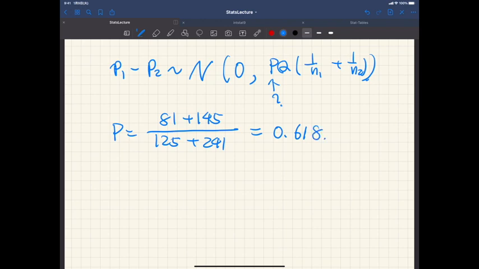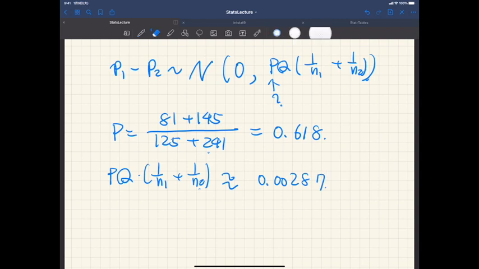If you use this value, then of course q is 1 minus p. So the variance, where n1 is 125 and n2 is 241, should be about 0.00287 or so.